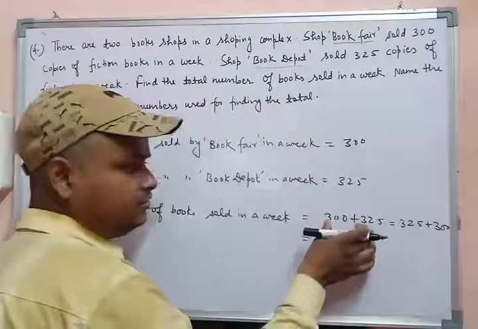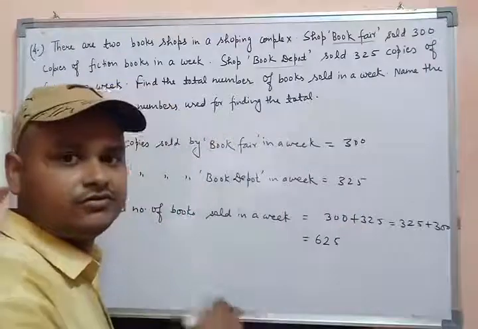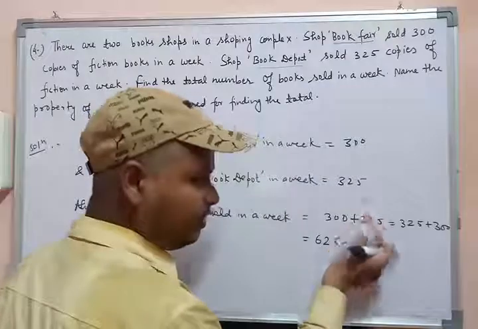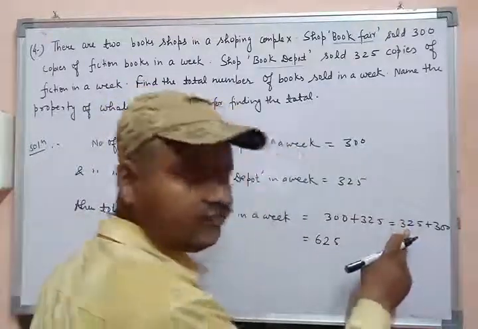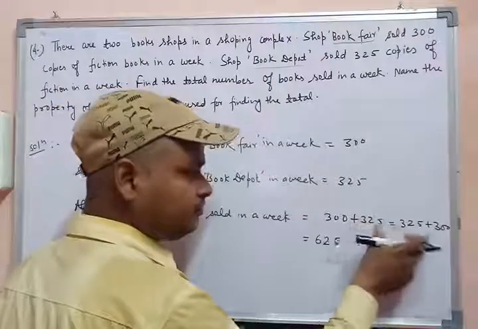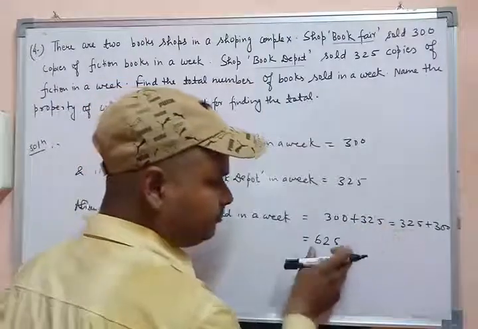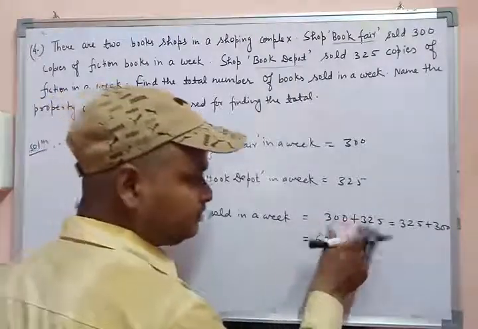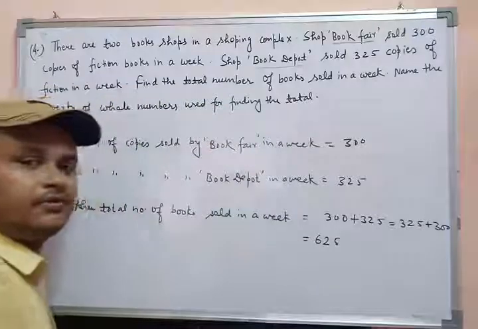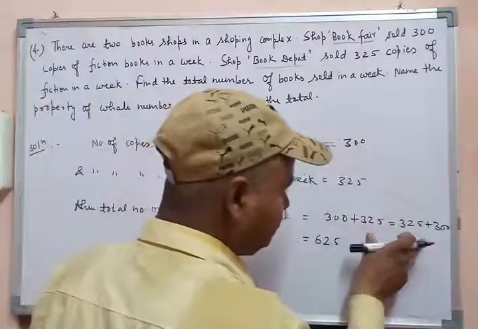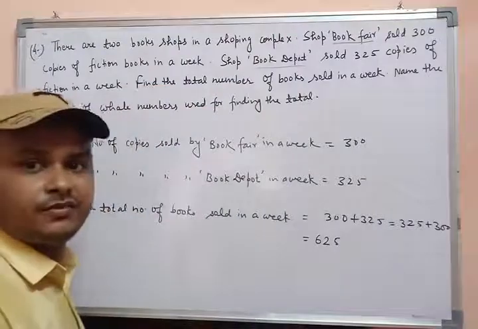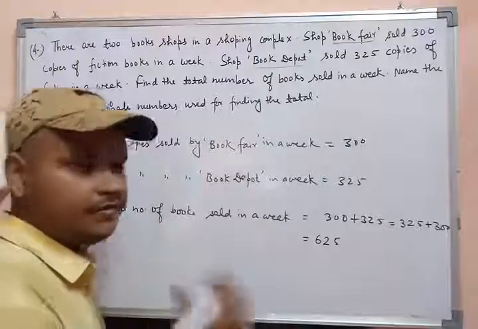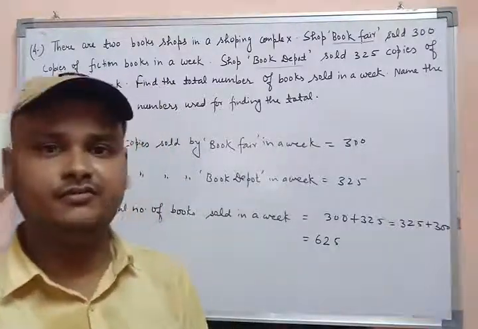So if you want to change the order, first write 300 then 325, or first write 325 then 300, in both conditions you get the same result. So the property we have to use in this solution is the commutative property of addition of whole numbers.